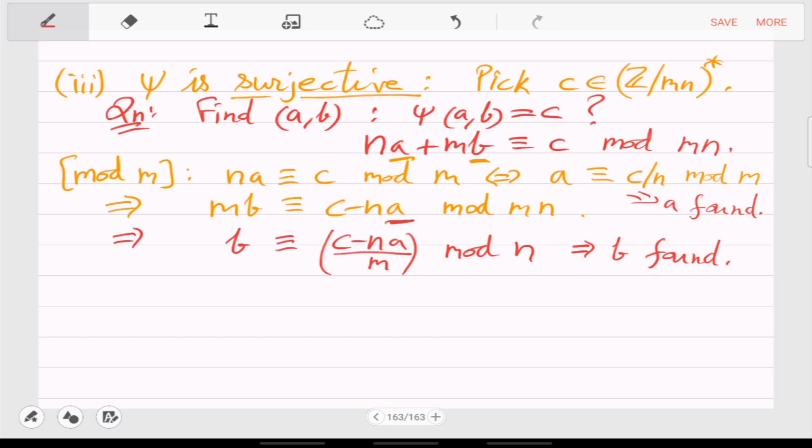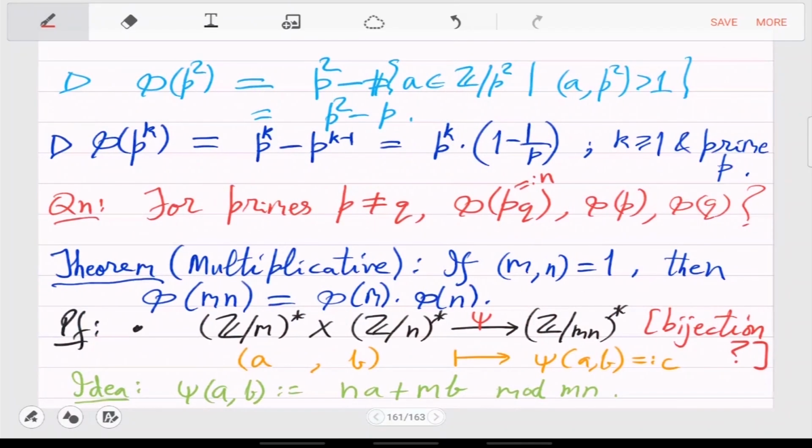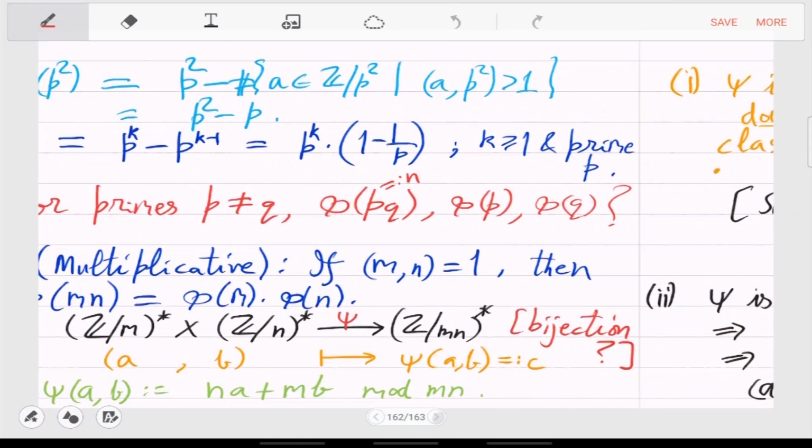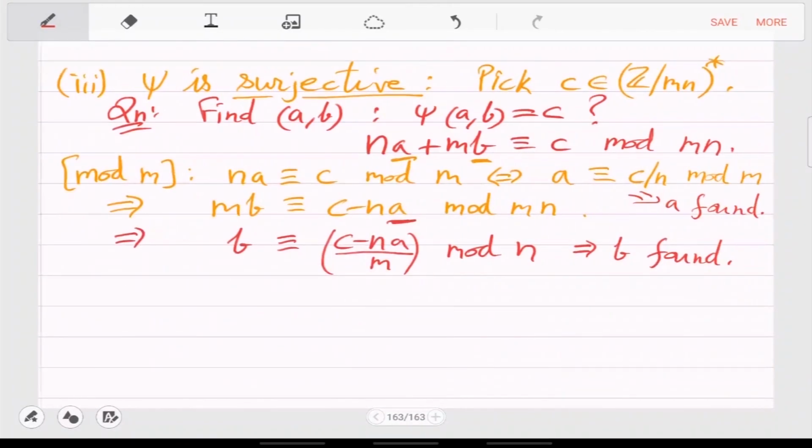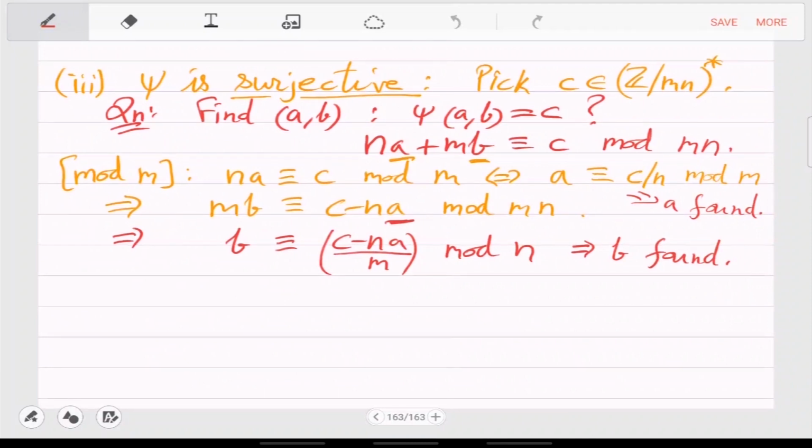Just one thing you have to check, whether they are really in the domain required, which is Z mod M star. Is A there? Is A co-prime to M? The A that we have found here, is it co-prime to M?